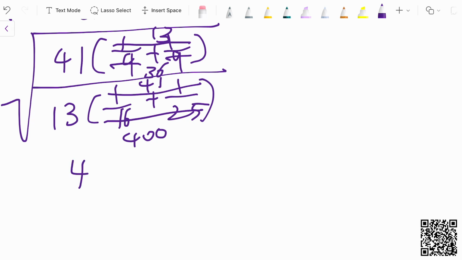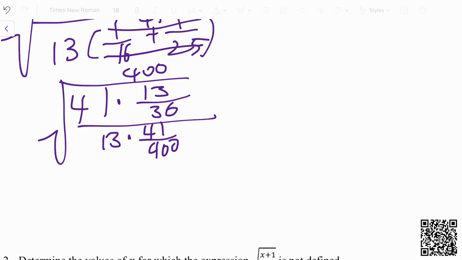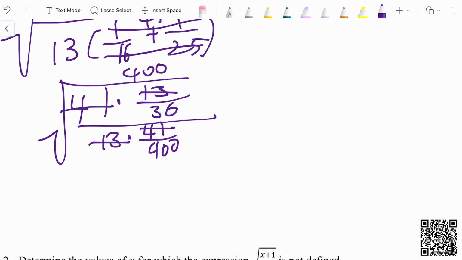So if I write this out in a more neat manner, it should look something like this. And now that we know this far, we can start simplifying. So the 41 and the 41, the 13 and the 13, and even the 36s can go down together.